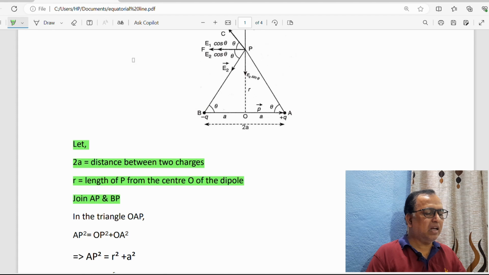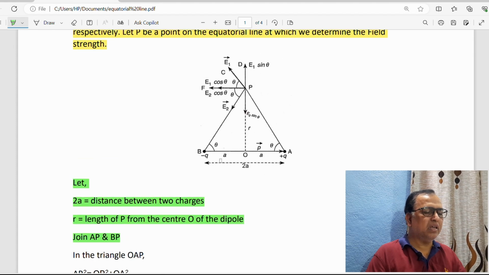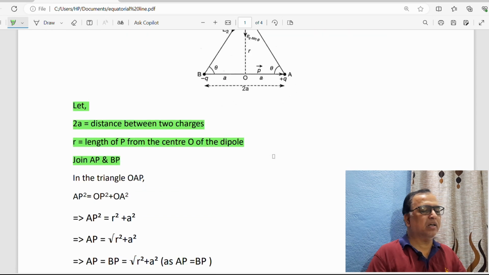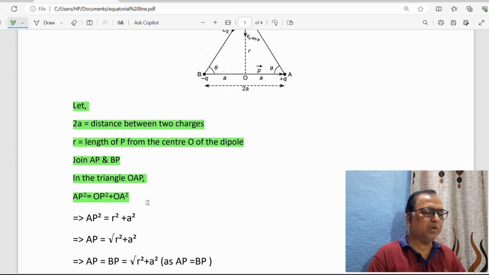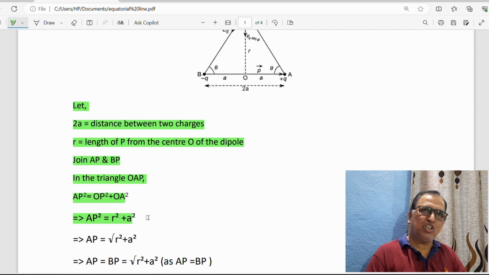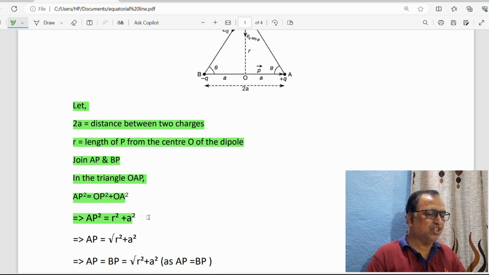In the triangle OAP, AP square is equal to OA square plus OP square. So AP square is equal to r square plus a square.